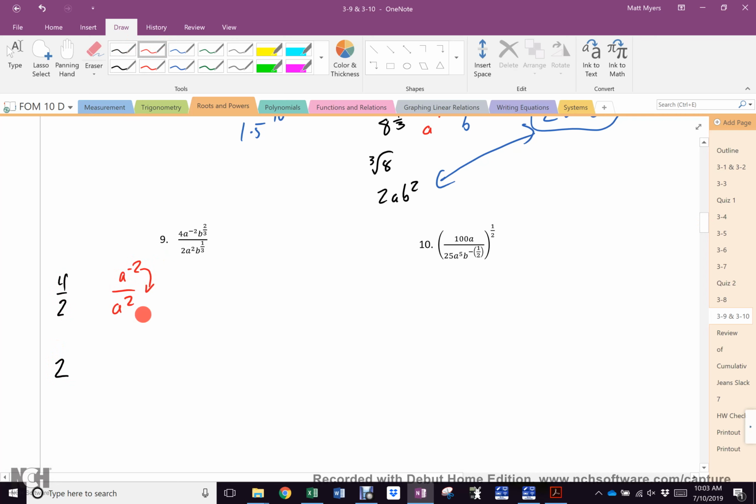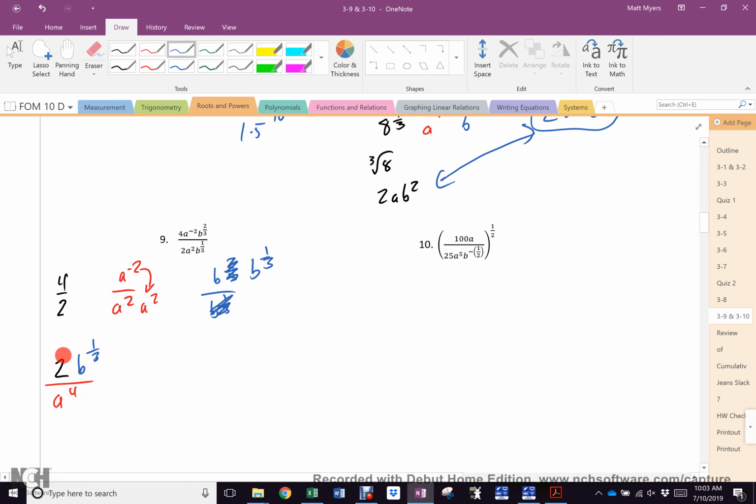Down there and become what? A squared. A squared and a squared is a to the 4th. So I got to have an a to the 4 on the bottom, right? And then b to the 2/3 over b to the 1/3. Well, if there's 2/3 up top and 1/3 down there, how many of these 2/3 are canceling? One of them. So that's going to be b to the 1/3. And he stays in the numerator.